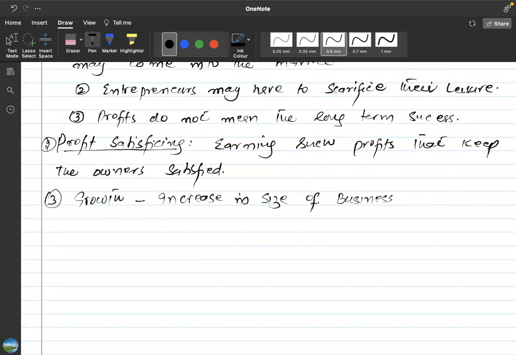But the growth has certain limitations too. Too much expansion can lead to cash flow problems. Business can spend whatever cash the business has on the growth strategies, and as a result, business might have cash flow problems. The shortage of cash can lead to serious problems.